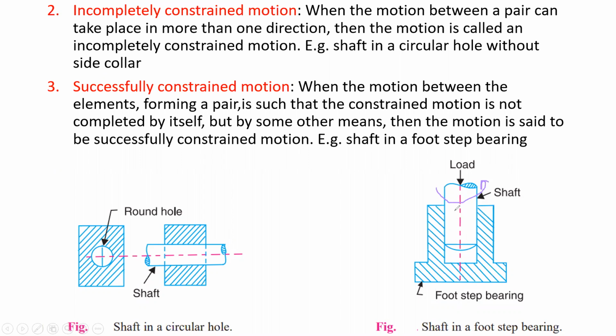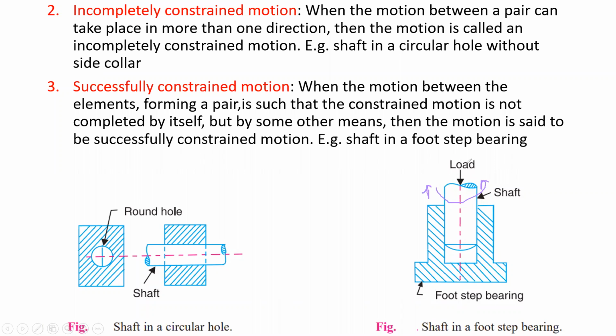And at the same time, the shaft can also slide in the upward direction. It is possible that it can slide upward, but when you apply some load, if you keep some load constantly on the shaft, what will happen? The shaft will not move upward. Its upward movement will be restricted.